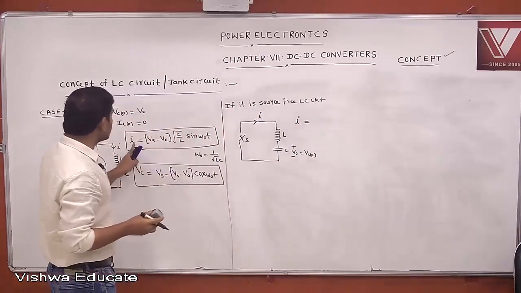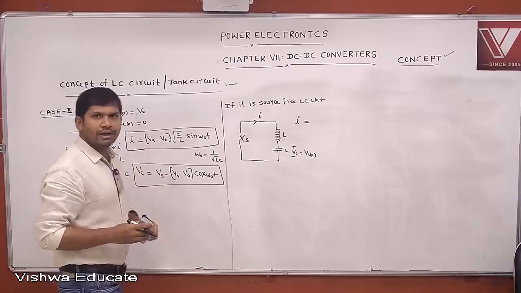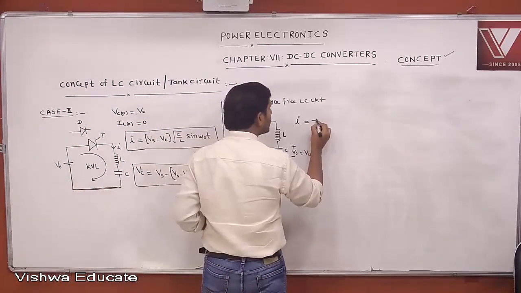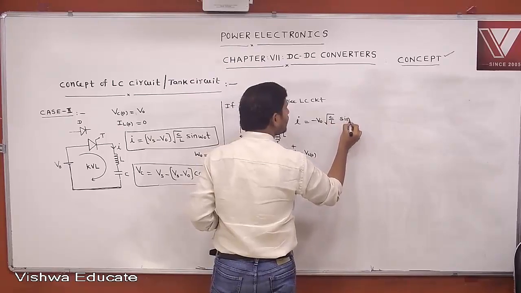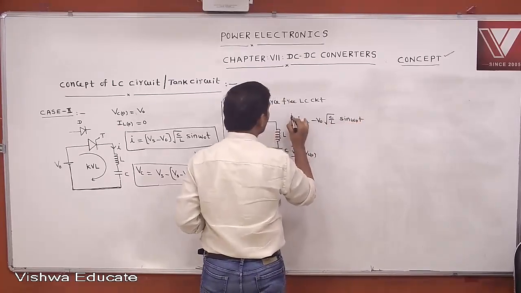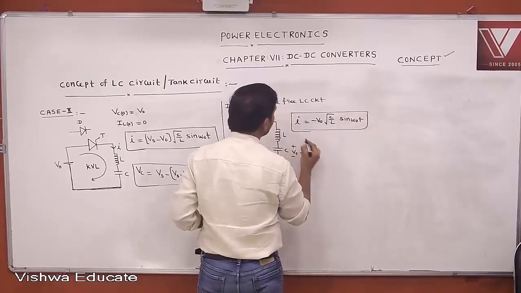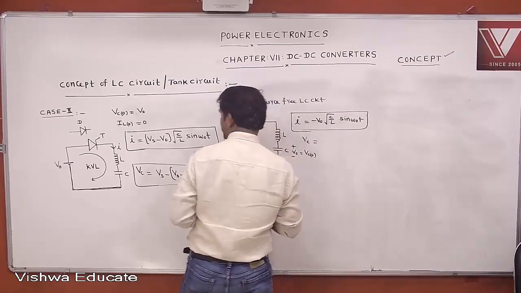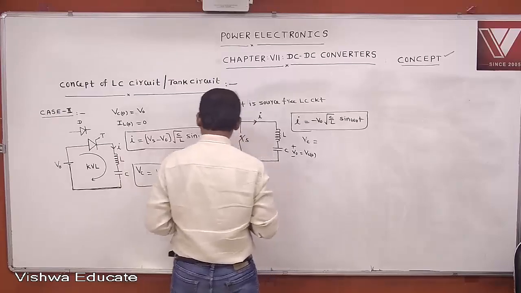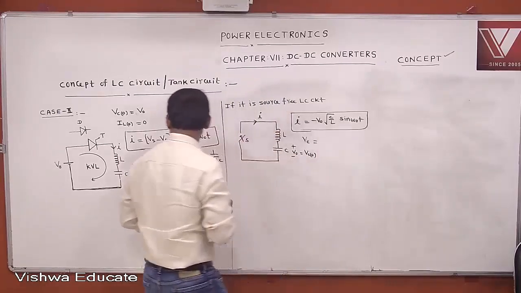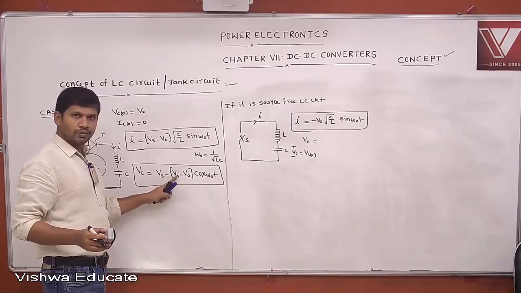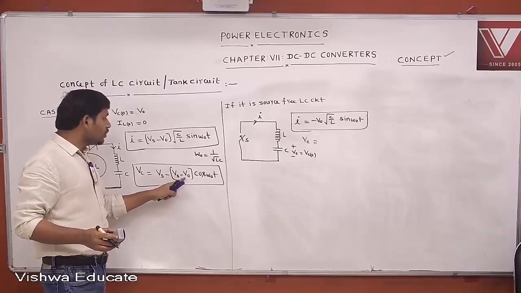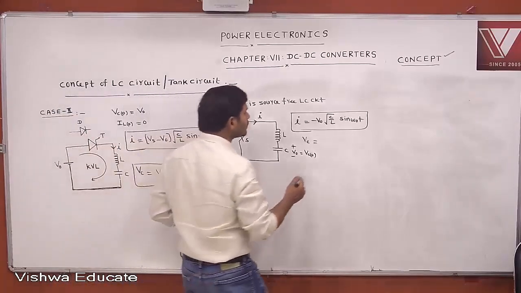Then how to write I equal to? In this expression, substitute Vs equal to 0. Then we get minus V0 into square root of C by L into sin omega naught t, where omega naught equal to 1 by root LC. Then the voltage across the capacitor: substitute Vs equal to 0, these terms are 0, so we get plus V0 into cos omega naught t. This is the voltage across the capacitor.